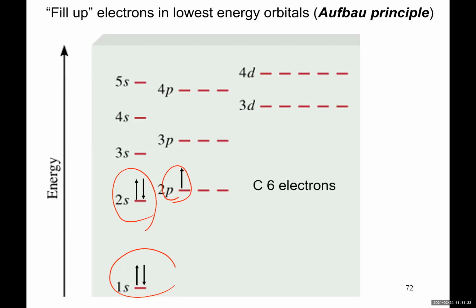And if I want to write the electron configuration for carbon, which has 6 protons and 6 electrons, atomic number is 6, where would the 6th electron go? Would it pair up with this electron and leave the other orbitals empty? That's one choice. Or would it try to get its own orbital?